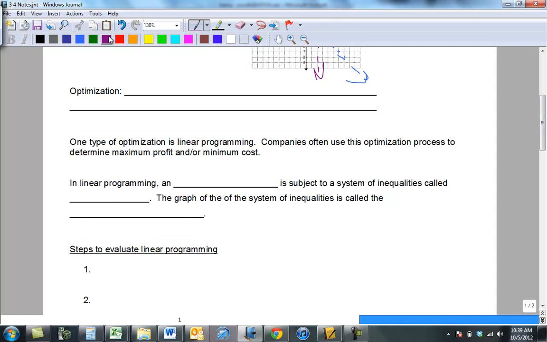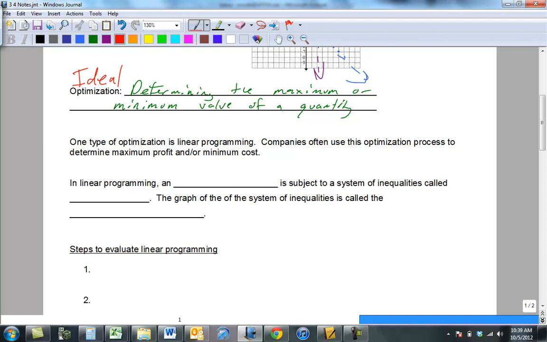Now, optimization is determining the maximum or minimum value of a quantity. Optimization means ideal. We want the ideal scenario for each one.